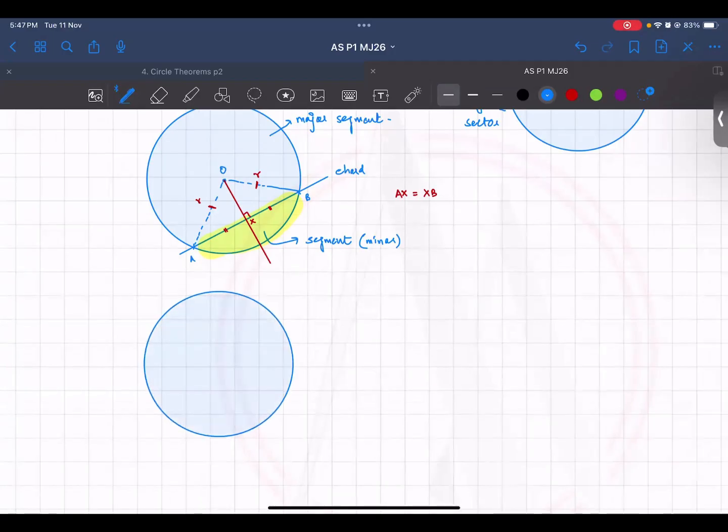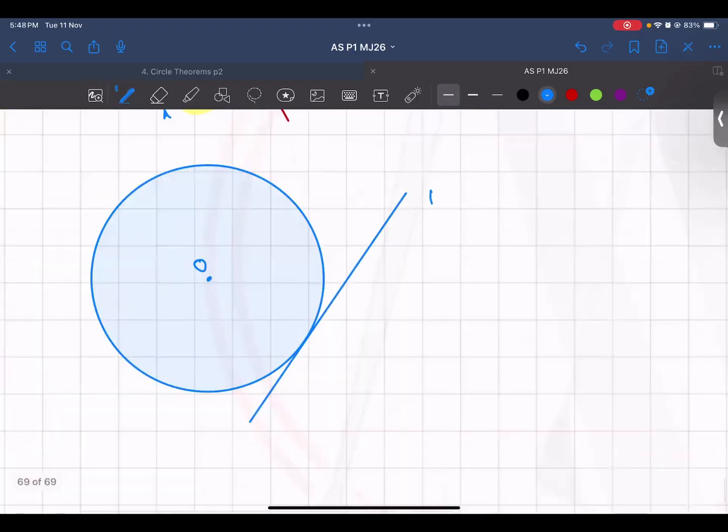If you have, let's suppose, Munib, what is this line called? Tangent, yes, tangent. And what is the property? Can you recall the property of the circle and its tangent?